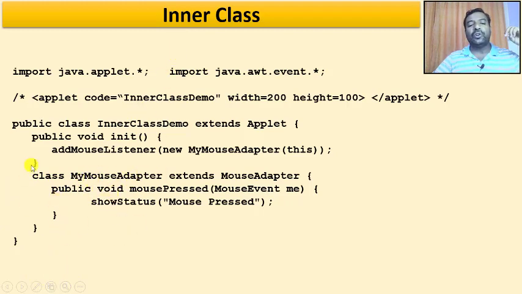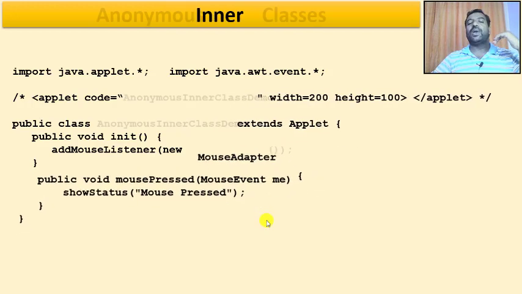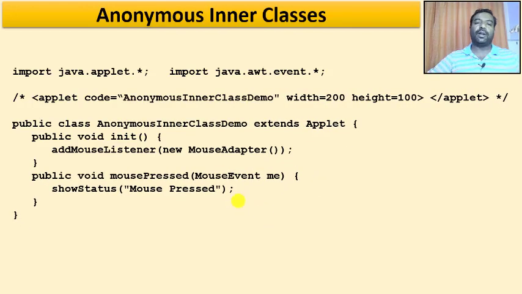Now I need not create the reference of this, and I need not initialize that reference variable with the object of my mouse adapter. Just use this as an object over here and make use of the method mouse pressed whenever I want to print something on the display device. This is how the inner class enhances the programming skill of your program.